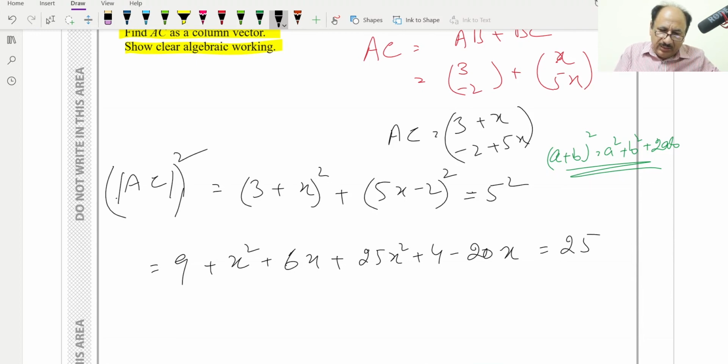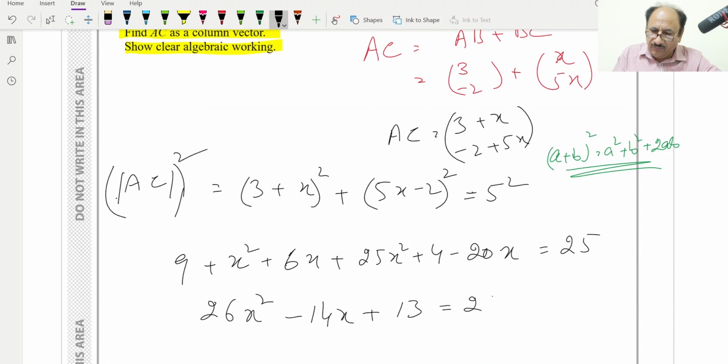Now we can add the like terms, so x squared and 25x squared will be 26x squared, and x terms minus 20 and 6, so it will be minus 14x, and plus 9 plus 4 will be 13 is equal to 25.